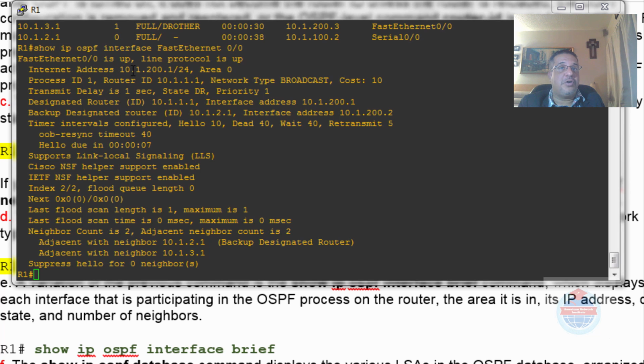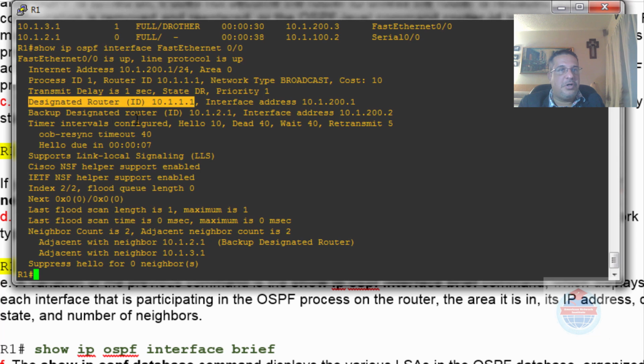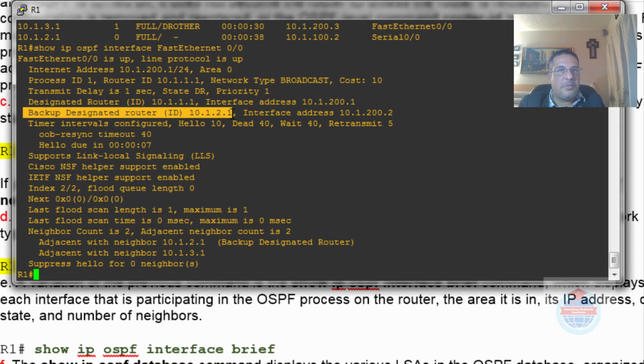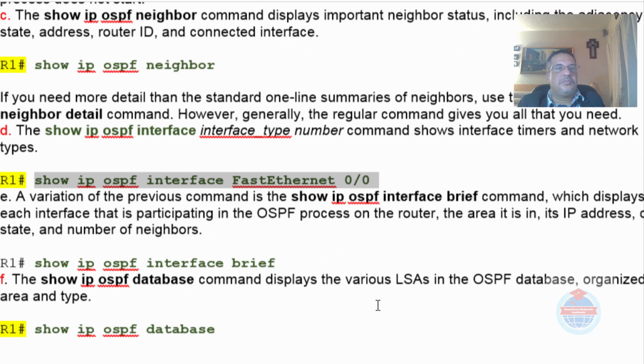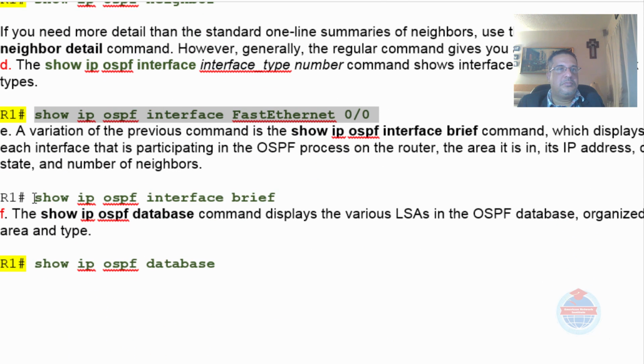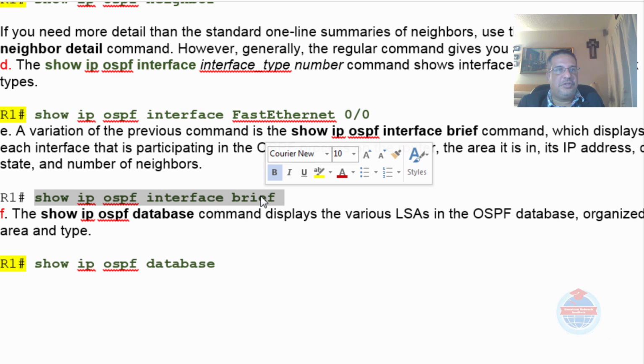The internet address that we are using, the area 0, remember that you are only using one area, the process ID number 1, the router ID, which is very important for the selection between the DR and the BDR, the network type is broadcast, and the cost is 10, which comes by default. Priority 1, everything. The designated router that we were previously talking about is over here, and the backup router that we were talking about as well is over here. You're going to be checking on this command as well.